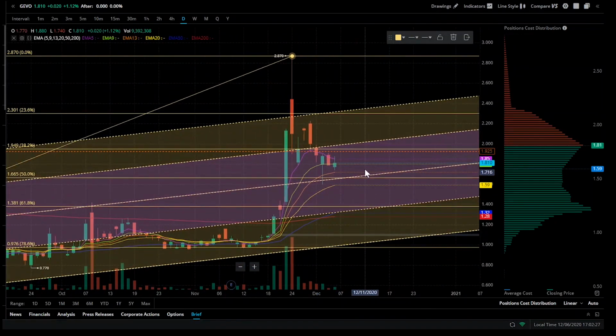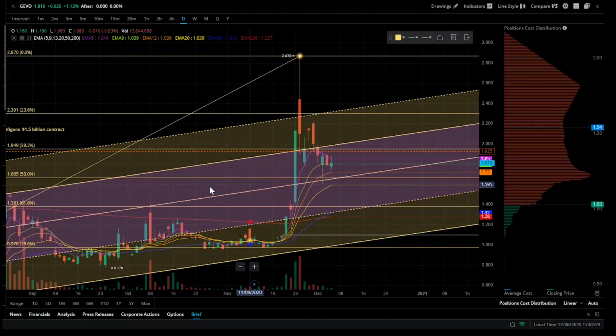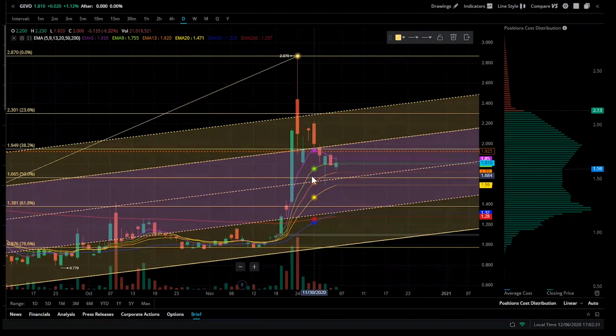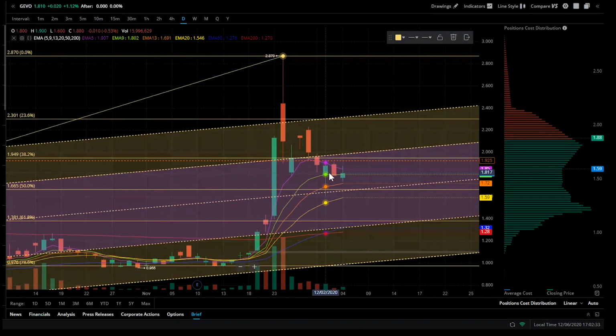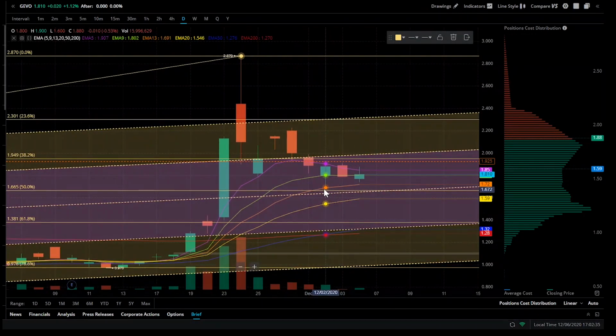Now, the idea is that it will probably go and touch the 50%, which it actually tested here and got rejected strongly. But then again, we are seeing a little bit of a downtrend, so are we going towards this?